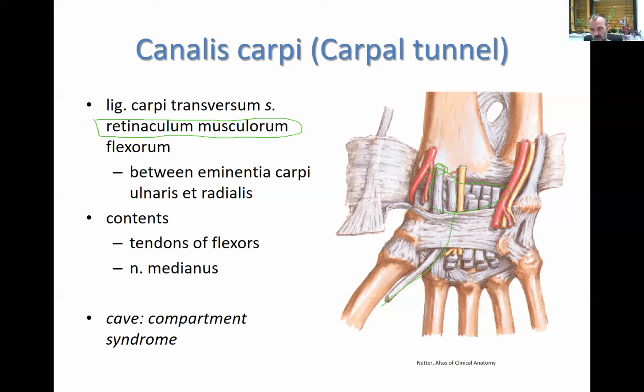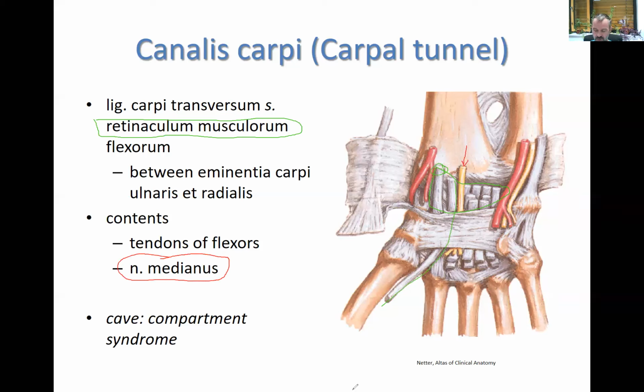Yeah, the content now is not so important. The important are the borders, and there are tendons. You can count the tendons. There are 10 tendons, and 1 nerve, median nerve. And this is what you have to learn, the median nerve and tendons of flexors.